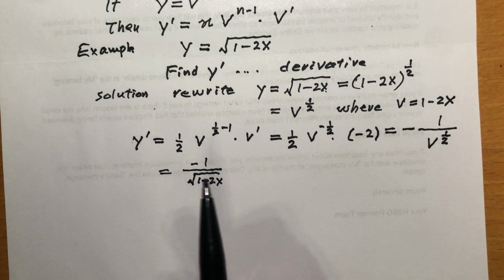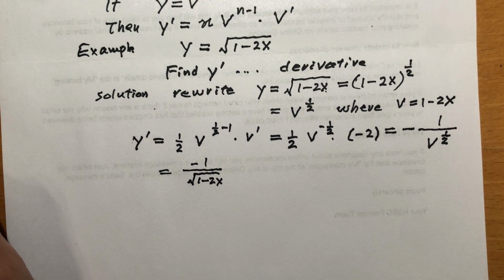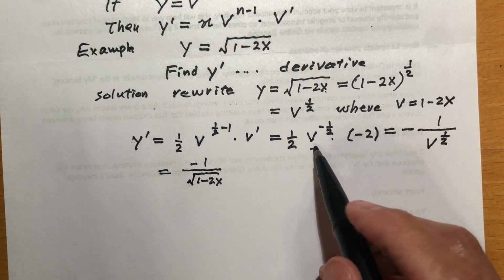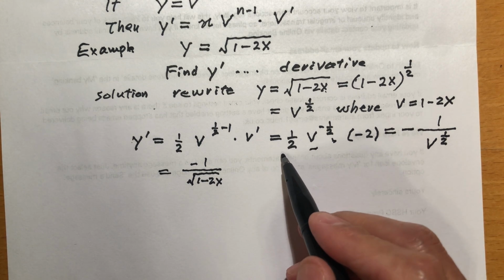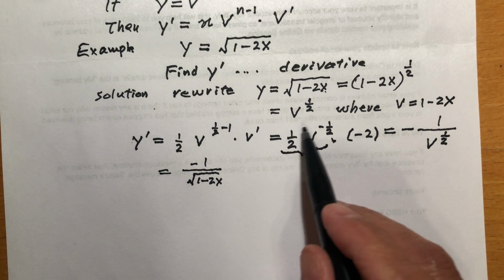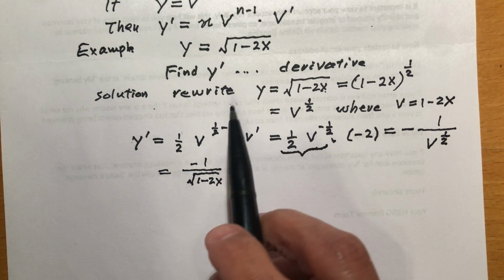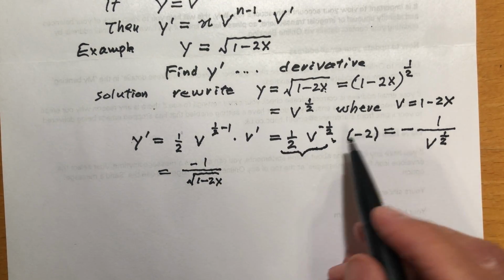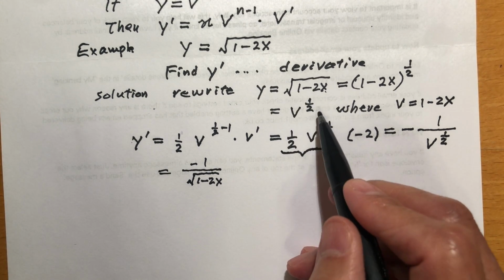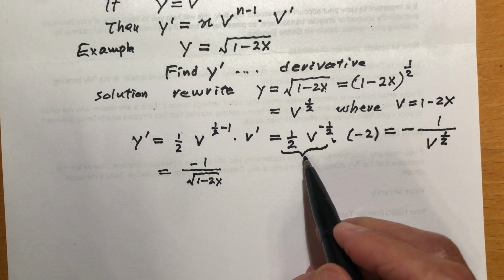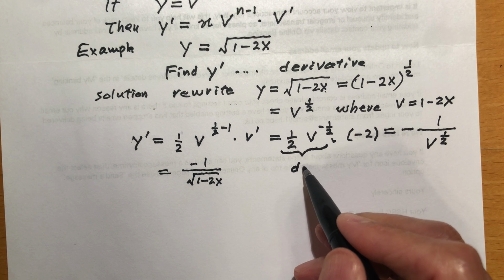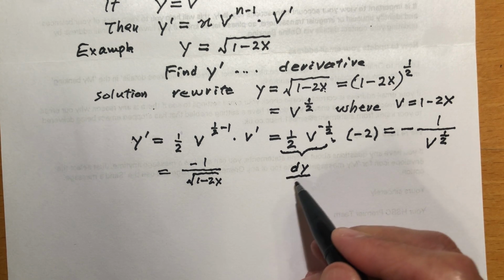So this is lesson 4. Now, you look at this. What is this? This is the derivative of this, right? The derivative of this. So this is my dy by dv.